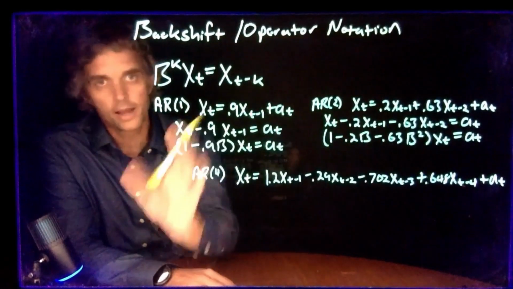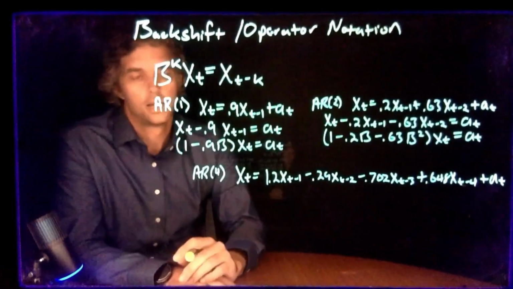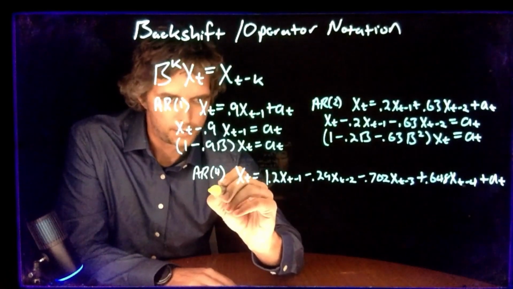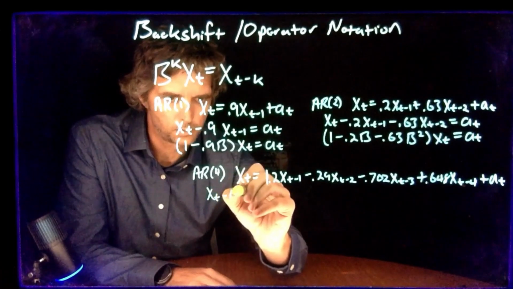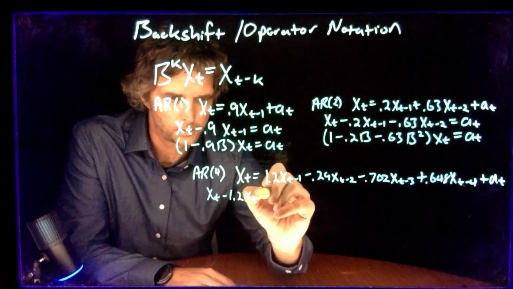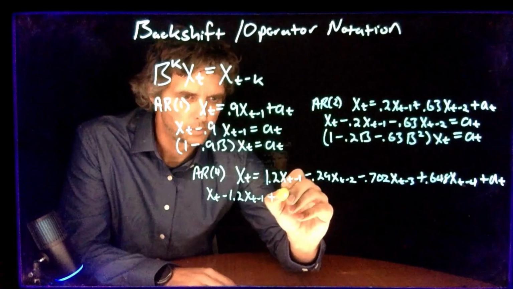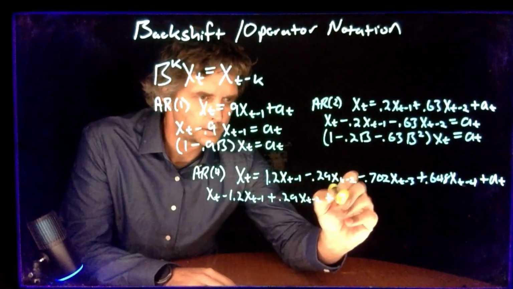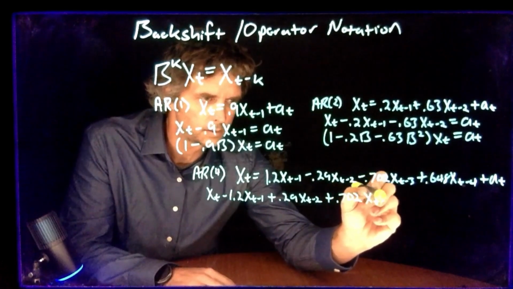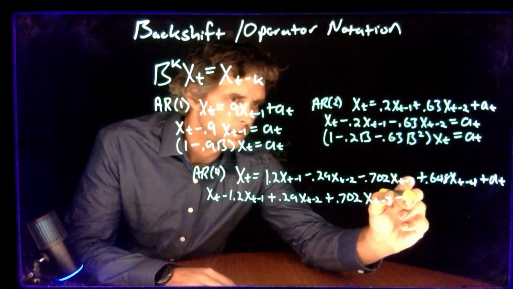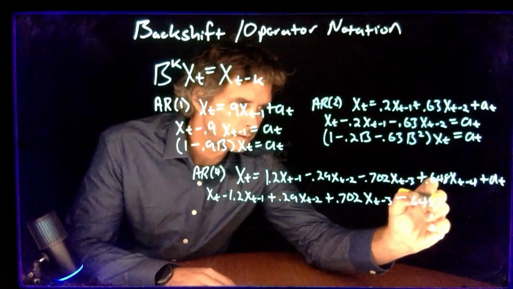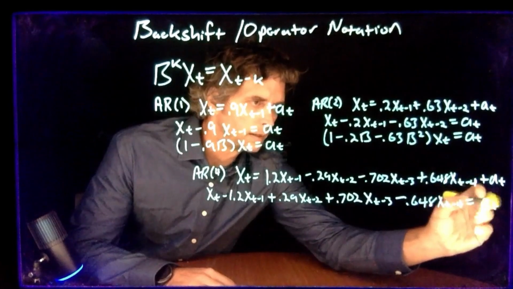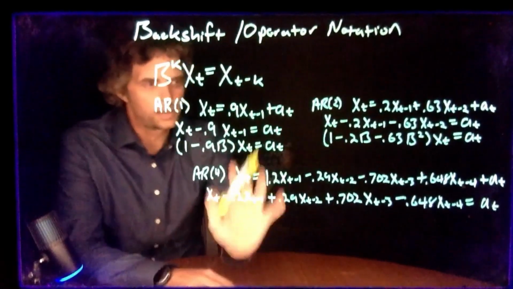So we're going to put all the information about the x's on the left side and all the white noise terms on the right side. So I'm going to have here x_t minus 1.2 x_{t-1} plus 0.29 x_{t-2} plus 0.702 x_{t-3} minus 0.648 x_{t-4}. All of that equals a_t.